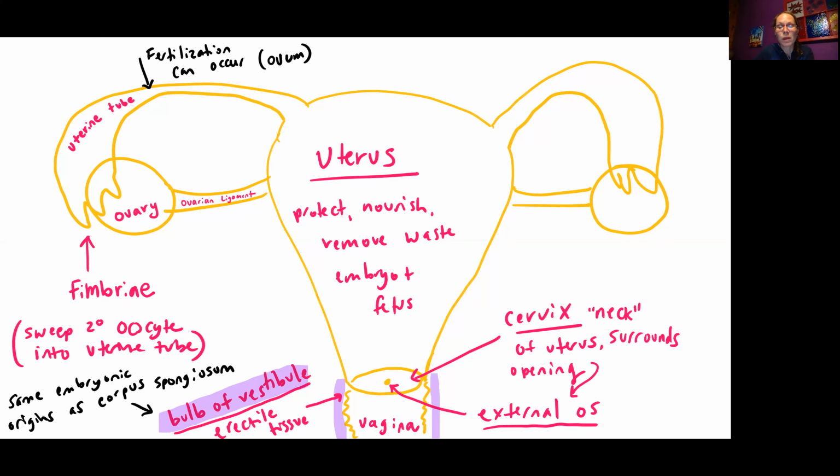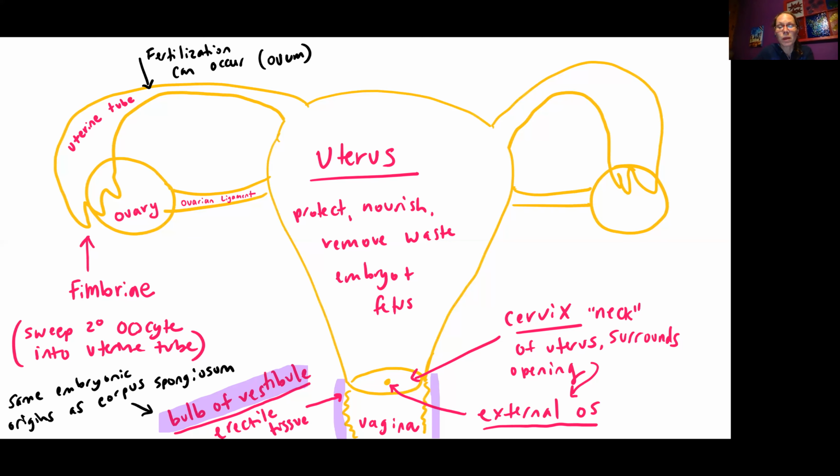Next, let's take a look at the female external genitalia. So here in this cut, we're seeing our urinary bladder and urethra, the uterus leading to the vagina, and then the rectum and anus, of course. And really, the female genitals are called the vulva or pudendum, and that includes two layers of tissue called the labium minus and labium majus.